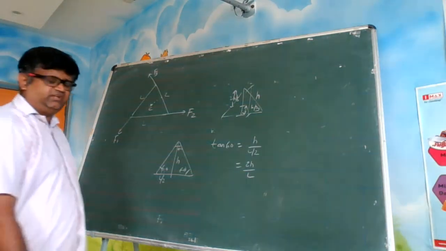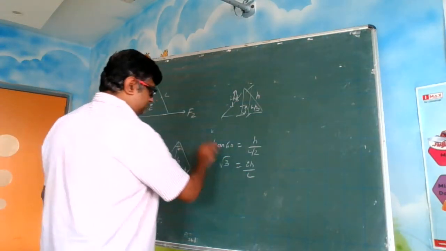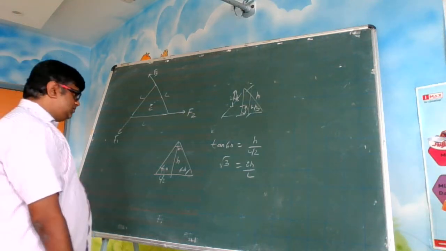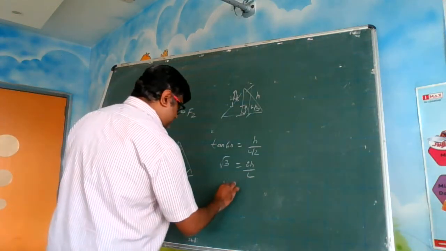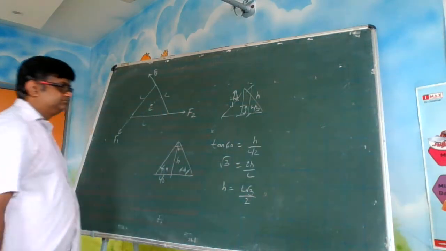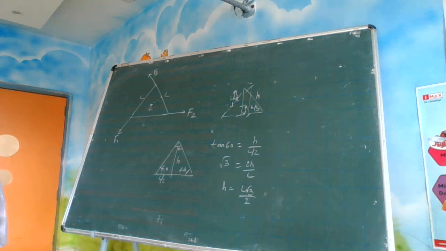Sin 60 by cos 60: sin 60 is root 3 by 2, cos 60 is 1 by 2, so it is root 3. So h is how much here? h is L root 3 by 2. Correct? L root 3 by 2.